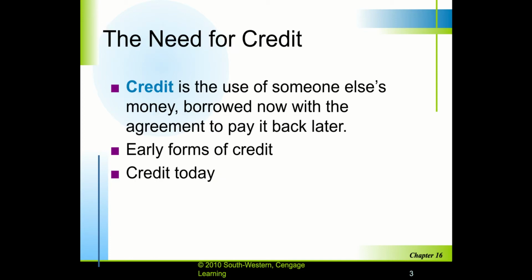And credit is a pretty simple concept. Essentially, it's using somebody else's money with the agreement that you'll pay it back later. And credit has been around for a long time. Typically, it originated with a very simple form of credit, where somebody perhaps in a general store, the owner would say, you can open a line of credit here and then pay me back at a particular time.